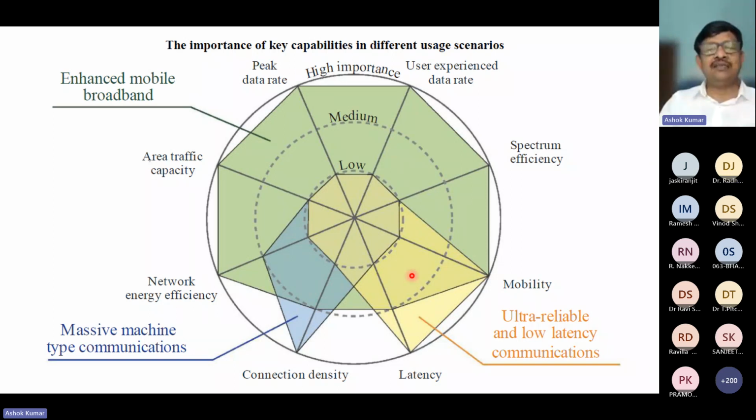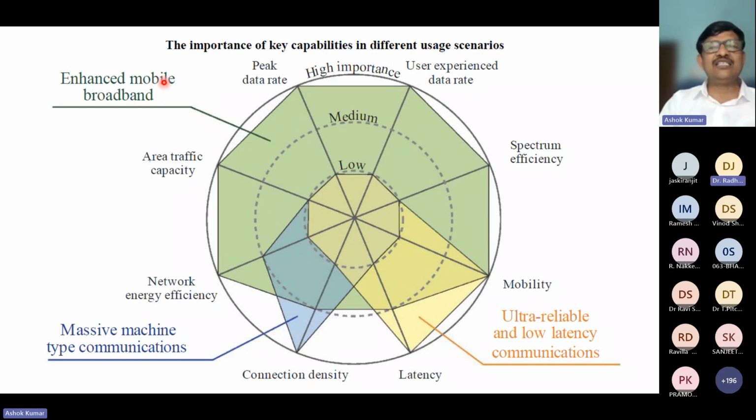If you look at massive machine type communications, here the requirement is connection density and some sort of energy efficiency, right? Data rate requirement is very low, right? So connection density is high, network efficiency is medium, and data rate requirement is low.